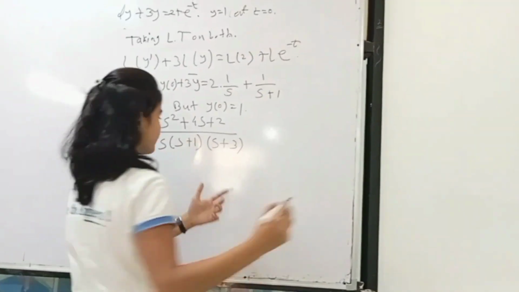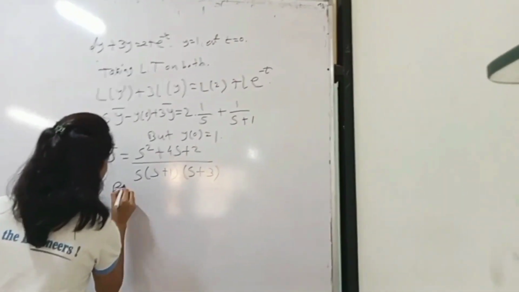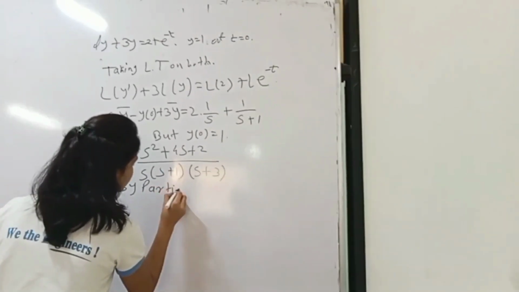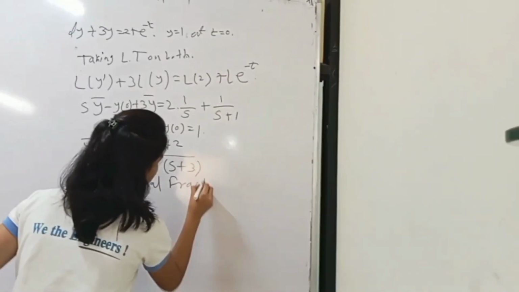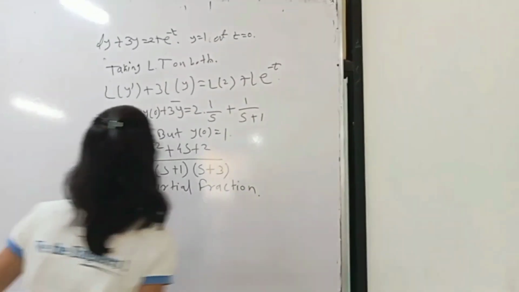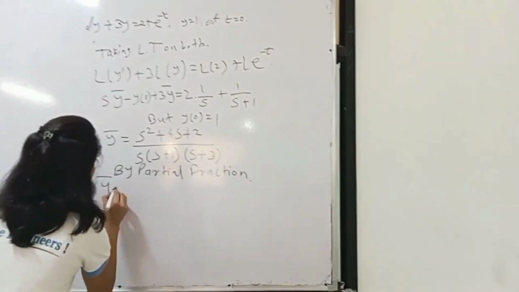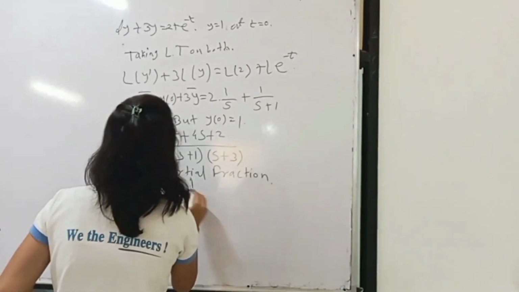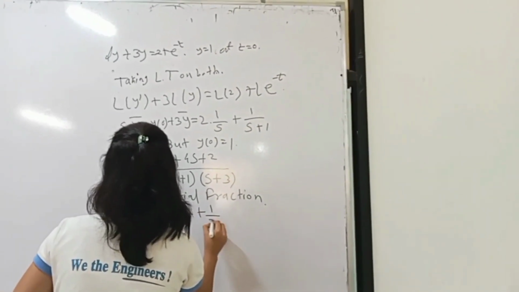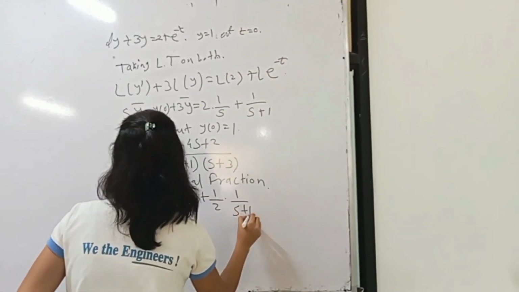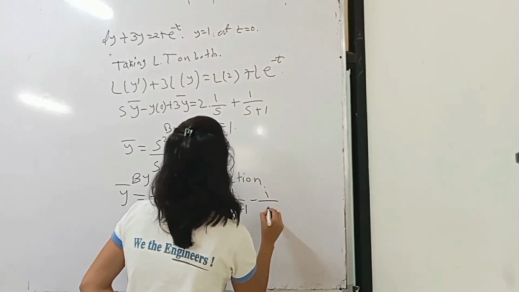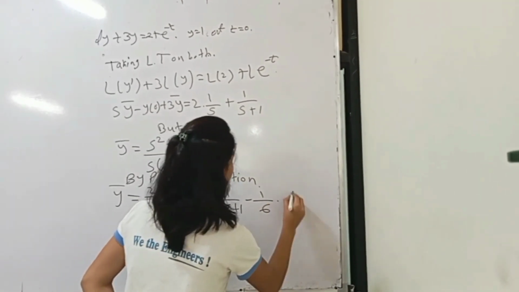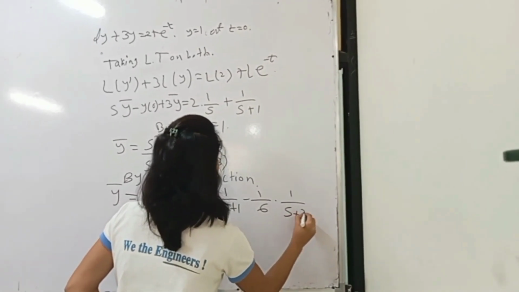By the partial fraction, you know that Y is equal to 2 upon 3 into 1 upon s plus 1 upon 2 into 1 upon s plus 1 minus 1 upon 6 into 1 divided by s plus 3.